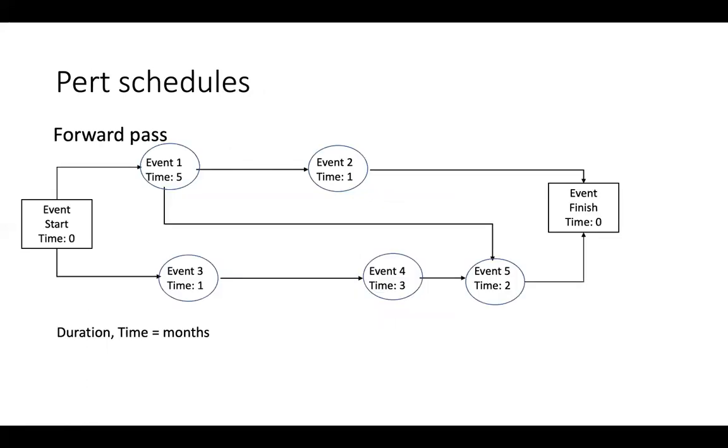This figure basically shows a PERT schedule for a project containing 5 different events between the start event and finish event. So let's look at the critical path, just counting the time needed for finishing each of these 5 events.